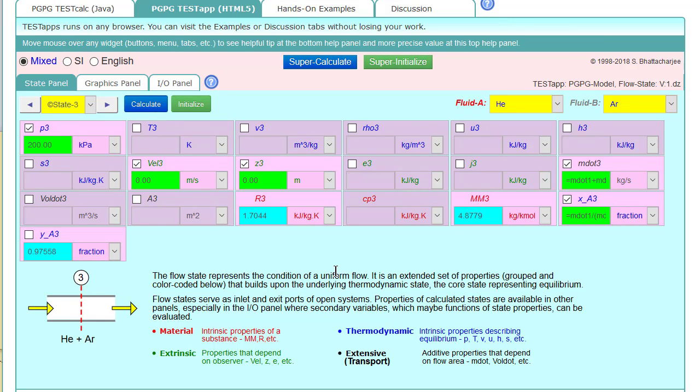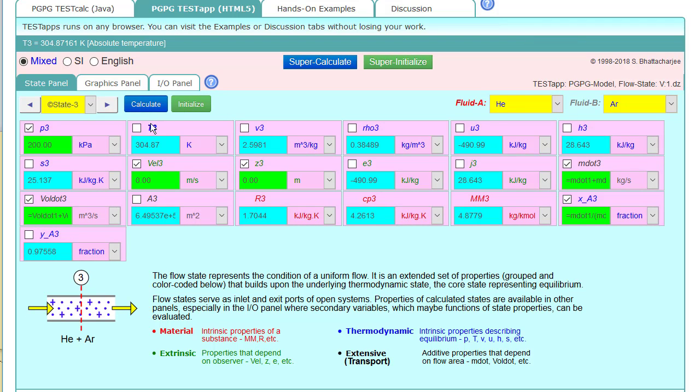And since it didn't fill out all the properties, obviously we still need to enter some more. One other thing that we know is that volume is an additive property, so we can do volume dot 3 gets volume dot 1 plus volume dot 2. And calculate. Now we have all our properties.